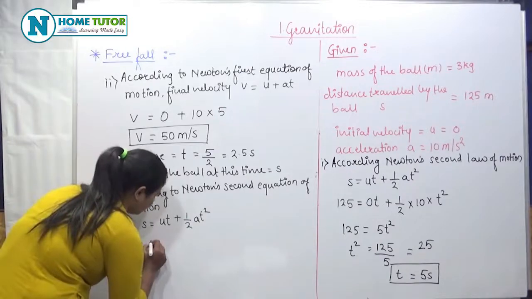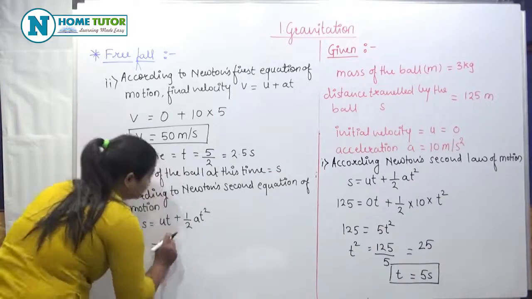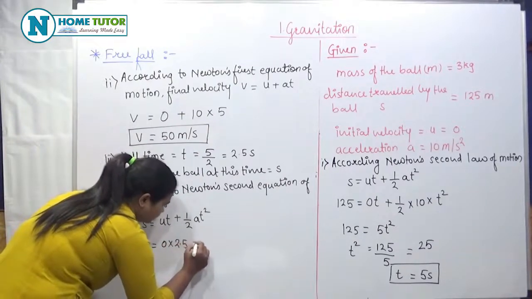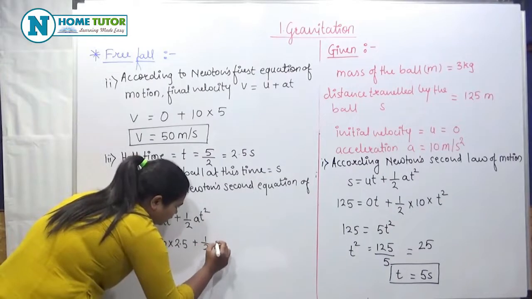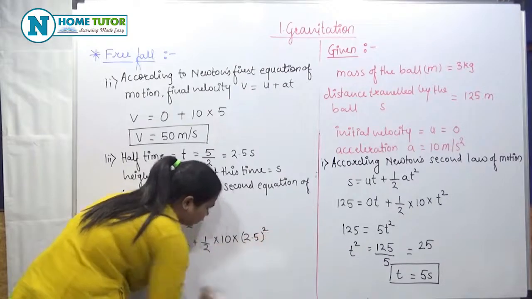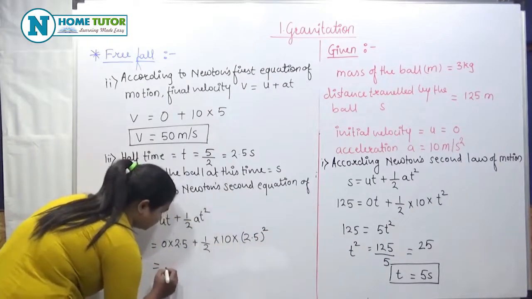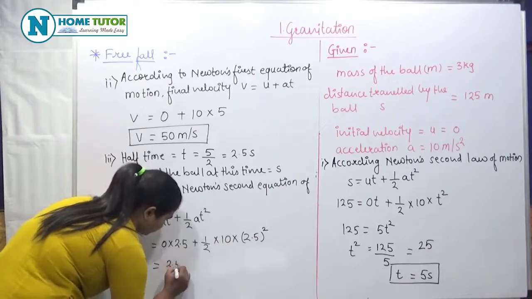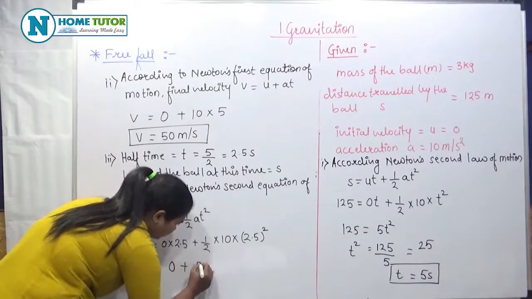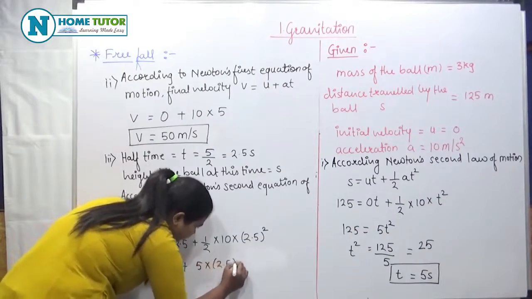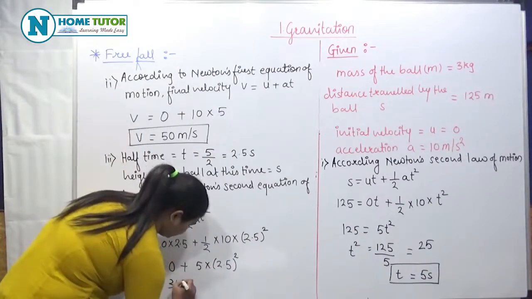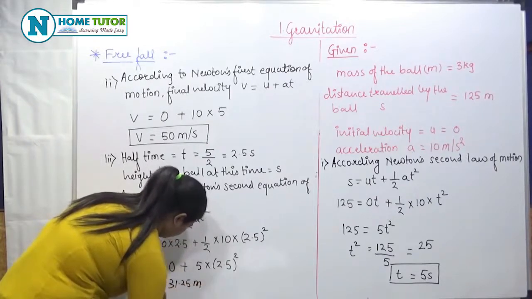So let's substitute the values now. 0, t is 2.5 seconds plus 1/2, a is 10 into 2.5 square. So it is 0 plus 5 into 2.5 square, is equal to 31.25 meters.